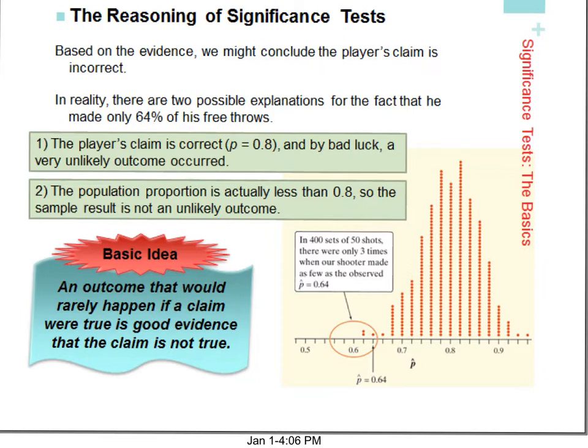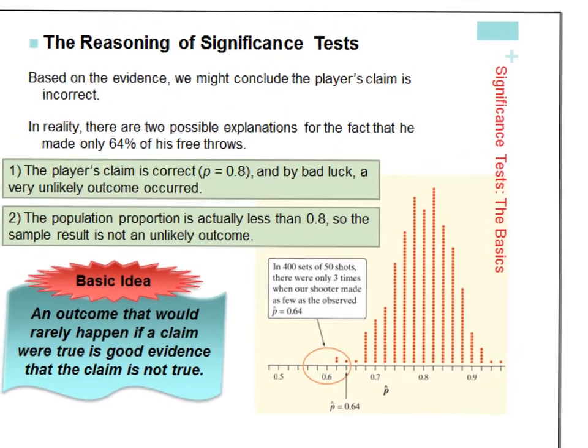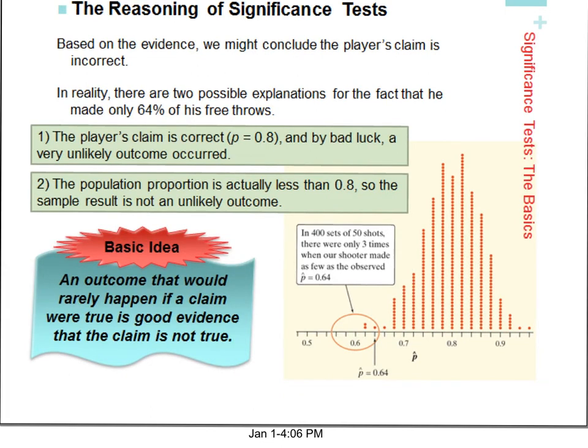And that's what we're seeing in this example. Their claim is that they're an 80% free throw shooter, but if that's true, it looks from the sampling distribution like the probability that you would shoot 50 and only make 64% is low, which makes us doubt their claim.